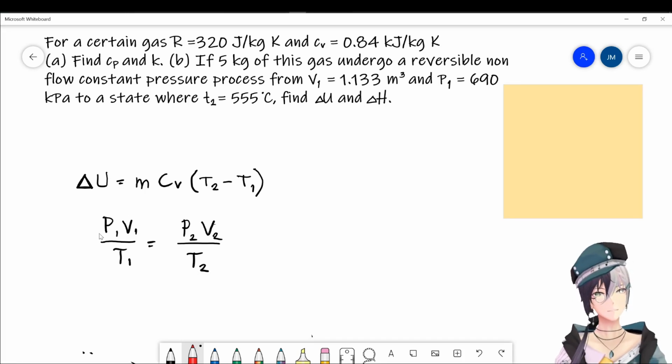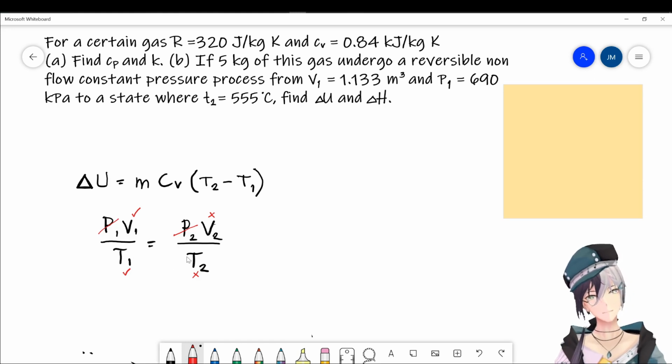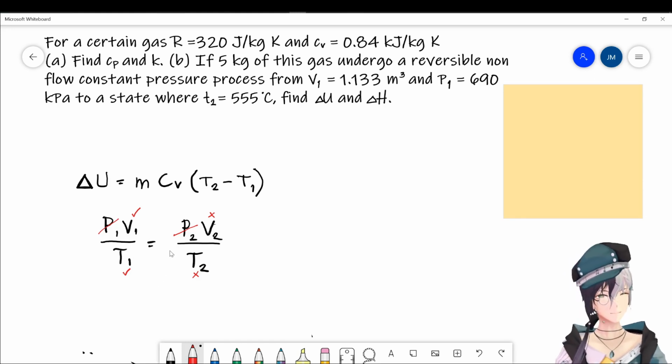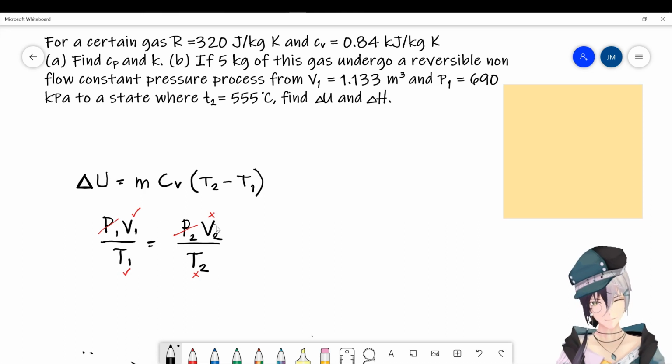So constant pressure, so this is cancelled, and then we are given volume 1, but volume 2 is not given. Temperature 1 is also given, but temperature 2 is not given. In this case, this relationship is not useful. So what will be useful is this relationship.